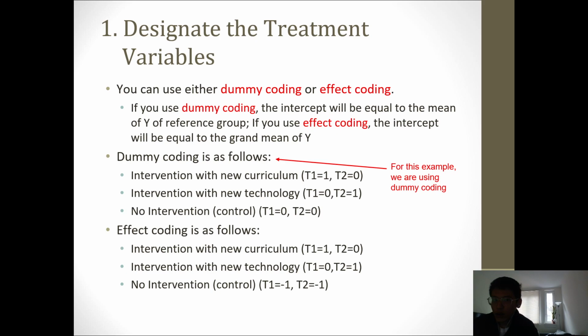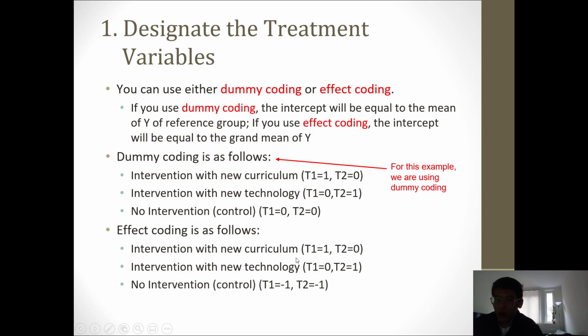In our data set, our coding scheme is dummy coding, but you can also use the effect coding. The only difference is that in effect coding, the control is coded as -1 instead of 0. So the interpretation of the parameter estimates will be different, and the interpretation can be found in Lab 5.